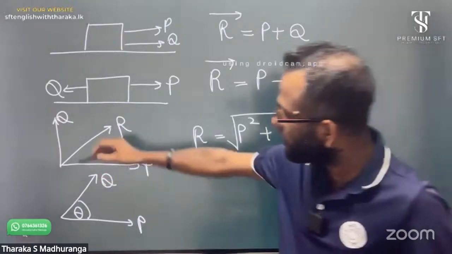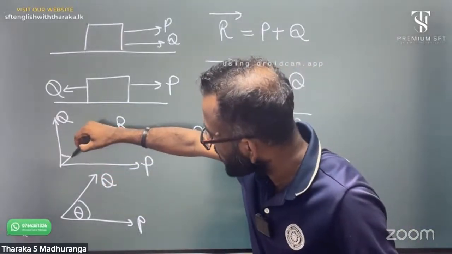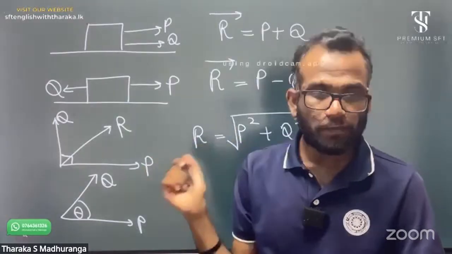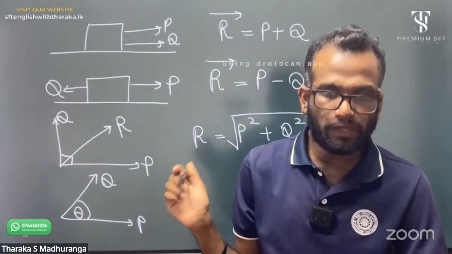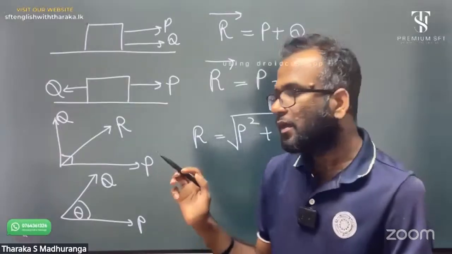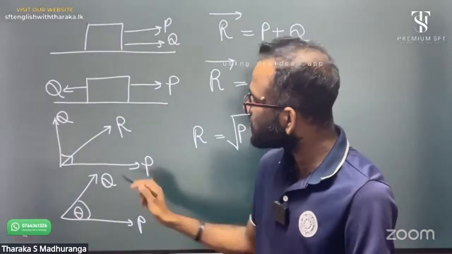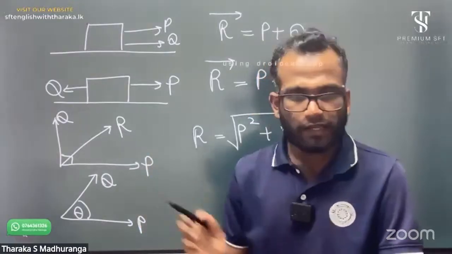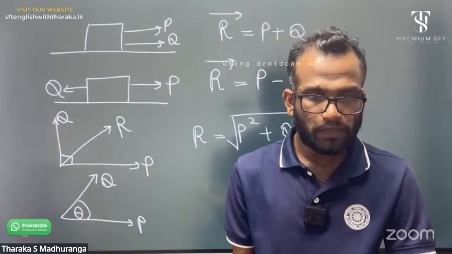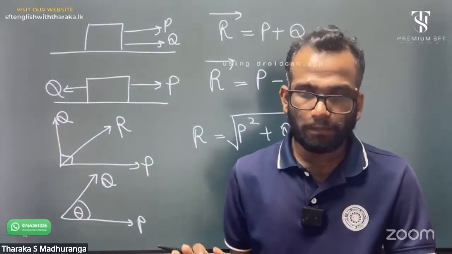If it is a 90-degree angle, they are perpendicular to each other, and then you can use Pythagoras theorem, the square root of P squared plus Q squared. But to get the resultant force for less than 90-degree angles, I gave an equation, right? The method is very important.